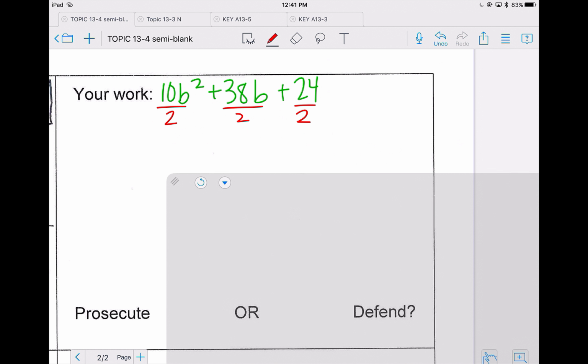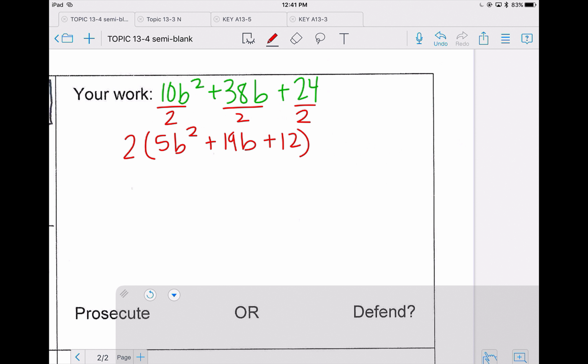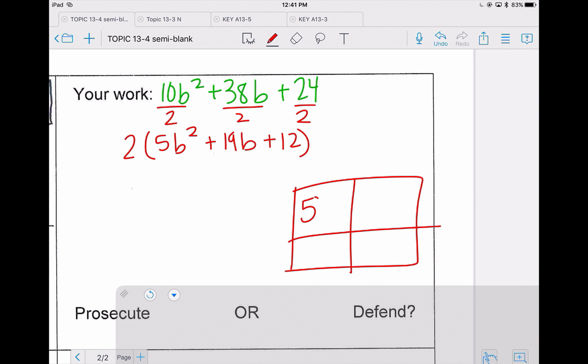But I'm going to go ahead and take that out, so we have a 2, and then 5b squared plus 19b plus 12. In my box, I have 5b squared and 12. So my product is 60b squared.